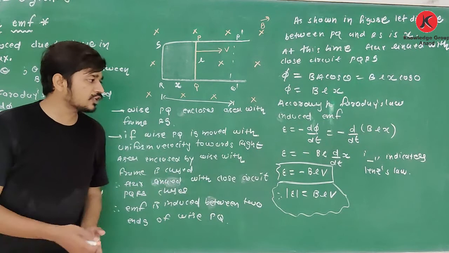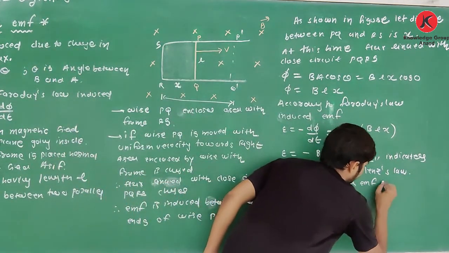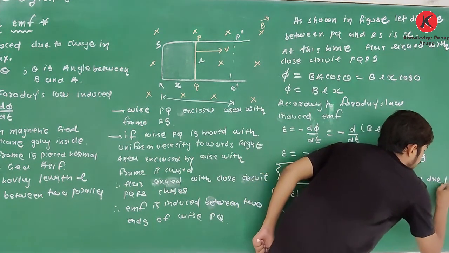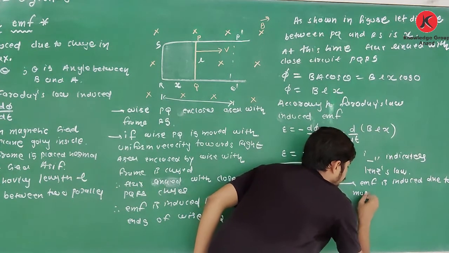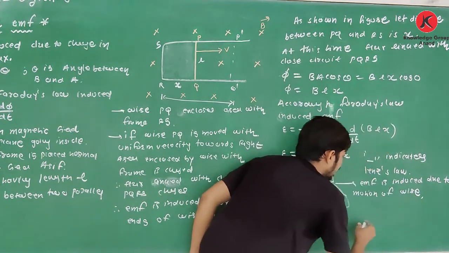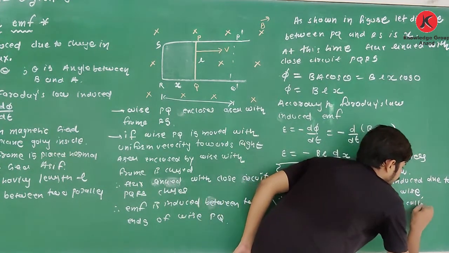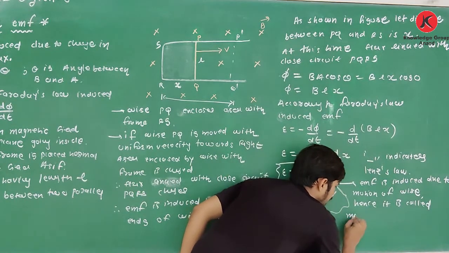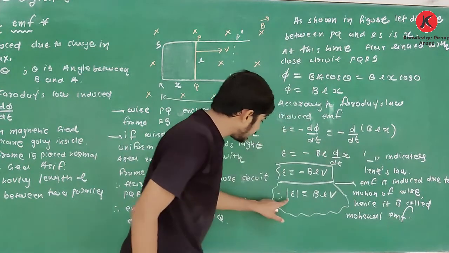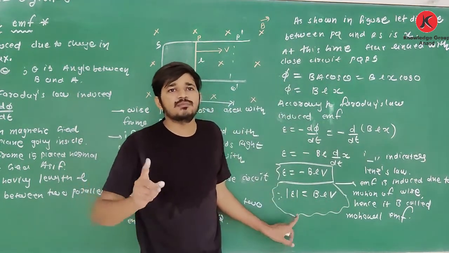This EMF is induced due to motion of the wire. Hence it is called motional EMF. This E equal to BLv is called motional EMF.